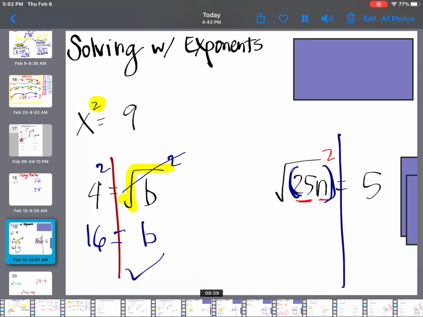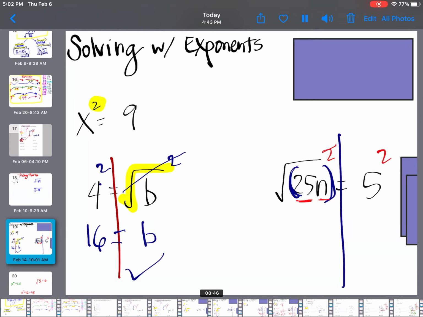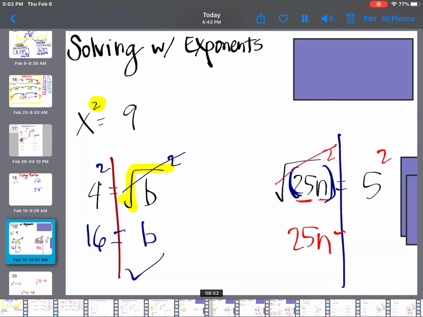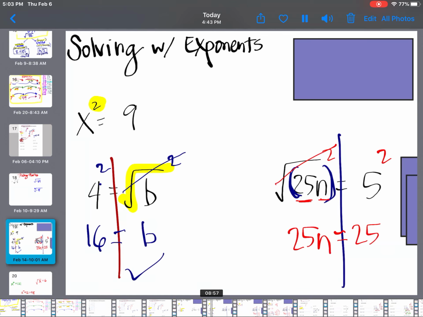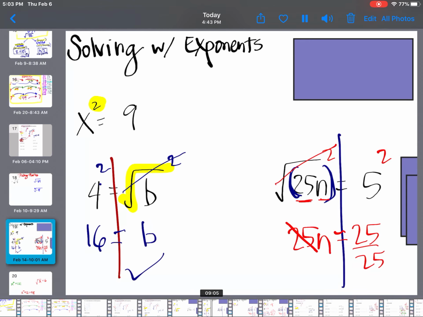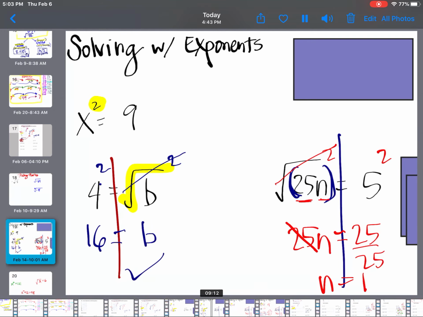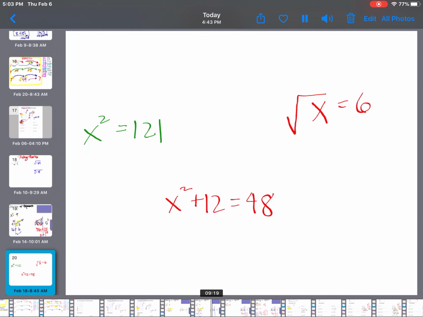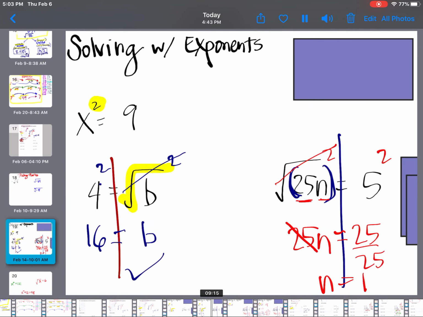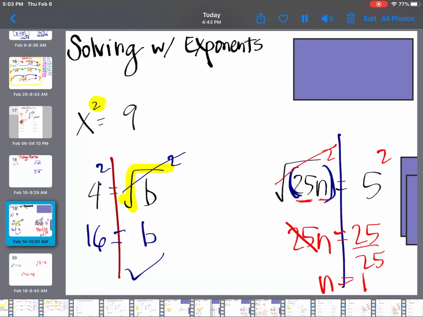If we square that side, we have to square this side. The square and square root cancel out, leaving us with 25n equals 25. And this from here is like we did back in chapter 1. We just do some math, divide, and we get 1 as our answer. And that's the answer to that problem.